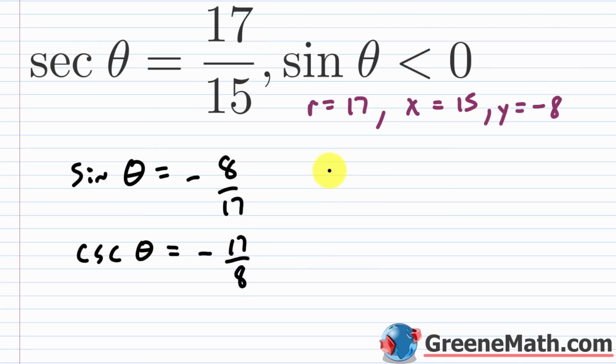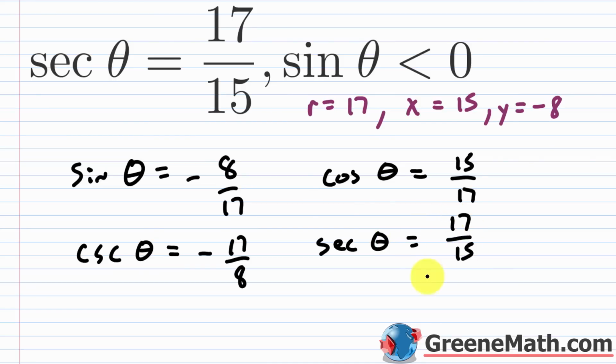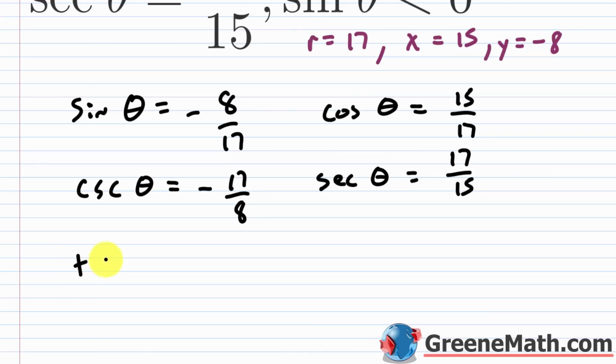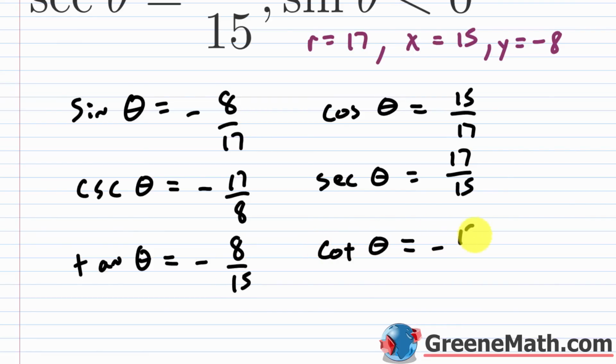Let's say that our cosine of theta is a reciprocal of this, so 15 over 17. And then our secant of theta, which is given to us right here, is 17 over 15. Then we can say that our tangent of theta is going to be y over x, so that's -8 over 15. And then the cotangent of theta is equal to, take the reciprocal of this, so -15 over 8.